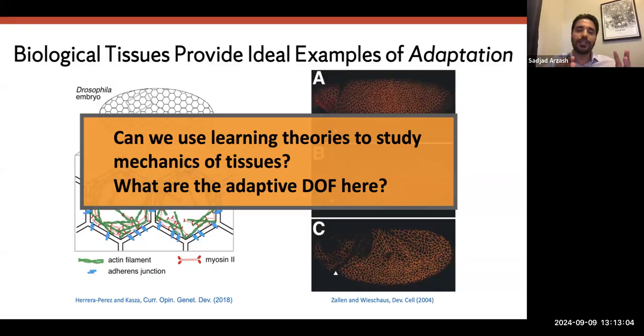Can we use these learning theories for tissue mechanics? And if yes, then what are the adaptive degrees of freedom here? What are the spring stiffnesses or rest lengths, in a sense, in this setup?